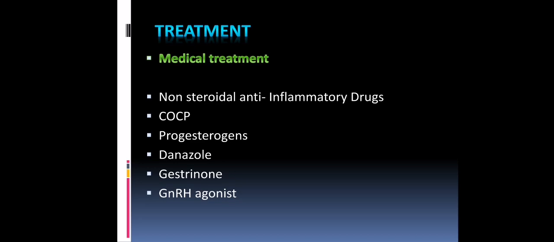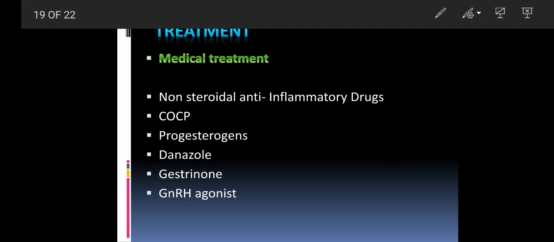So the cyclical bleeding will stop and there will be less formation of adhesions. But keep one thing in mind: this medical management you can offer only to patients who have pain as their underlying pathology, but it doesn't have a positive role in patients having underlying infertility.